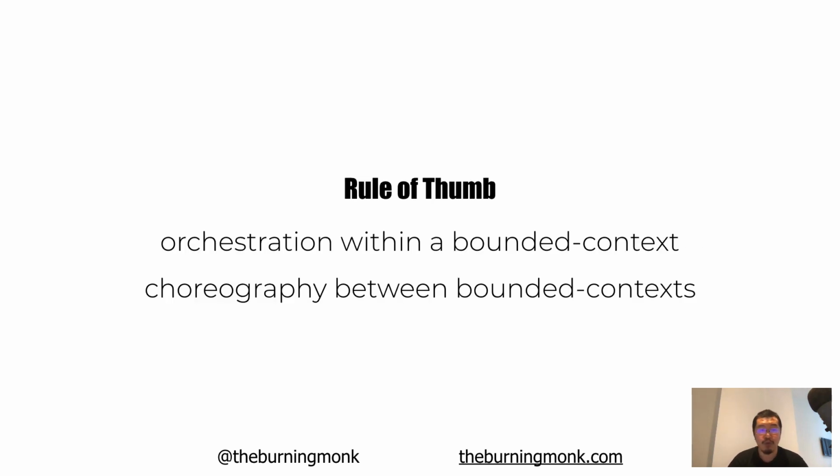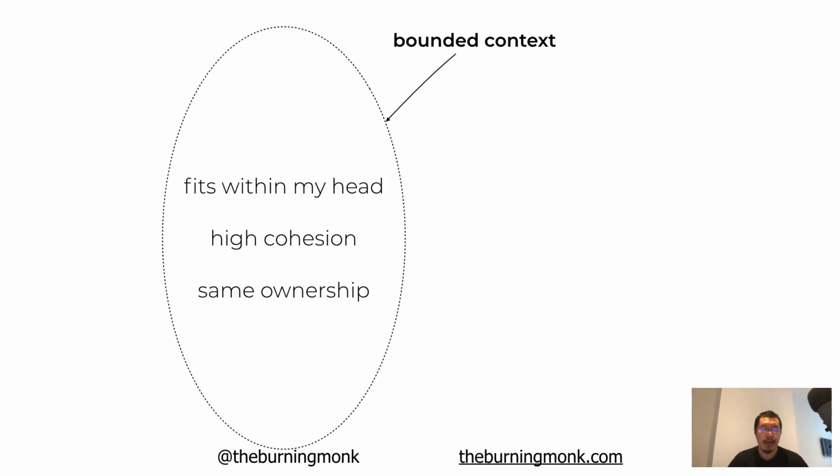So my rule of thumb is to use orchestration within a bounded context of a microservice, but use choreography between different bounded contexts. That's because within a bounded context, I've got a fairly focused purpose or responsibilities, and hopefully I only have a small number of different components that I have to think about, so I can keep all of them in my head at the same time when I try to understand what this microservice is doing.